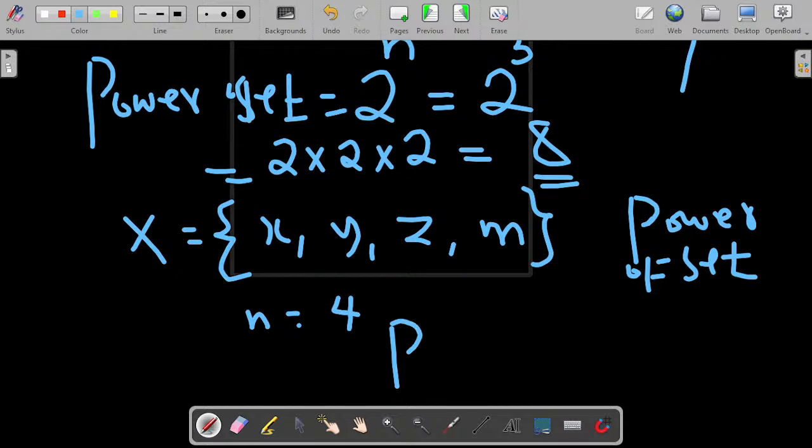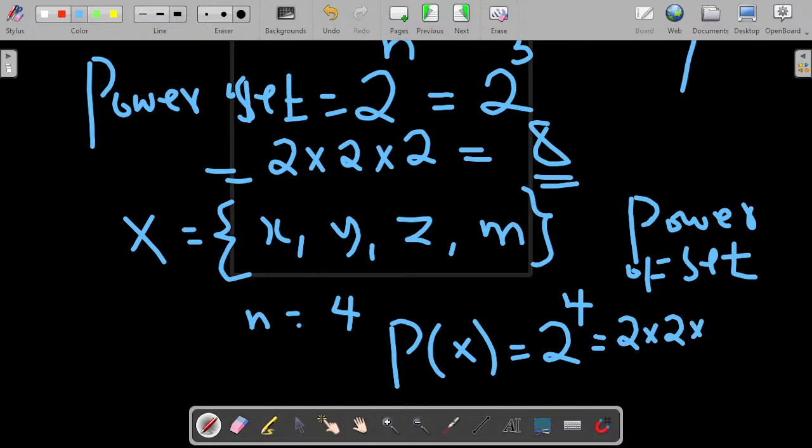So the power of the set now, P of X, will give us 2 raised to the power 4, which is 2 times 2 times 2 times 2 in 4 places. So what is 2 times 2 times 2 times 2? That will give us 16. So the power of the set now is 16. You now understand how we got the 16, right?